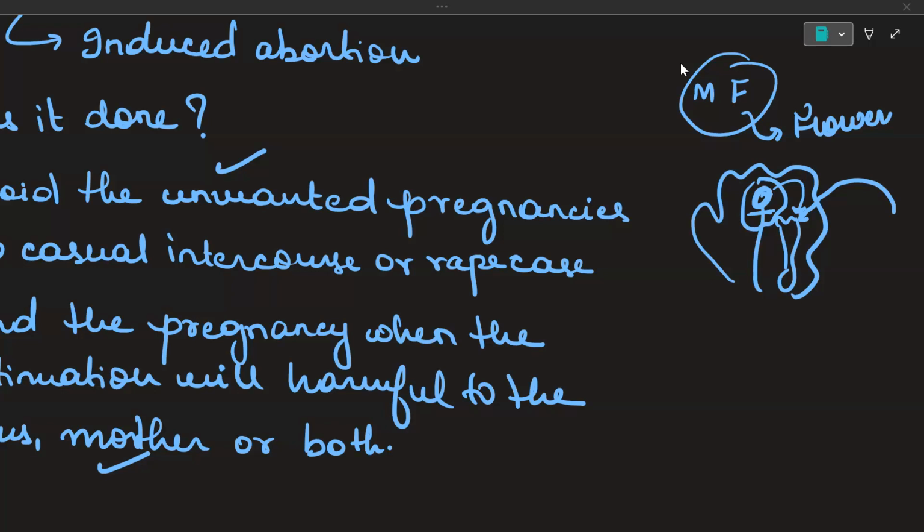One more is there. Having multiple sexual partners. Correct. There is one more. Is it from mother to the child? Very good, exactly.